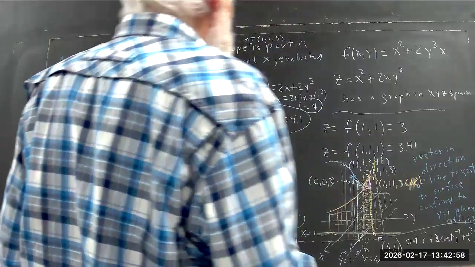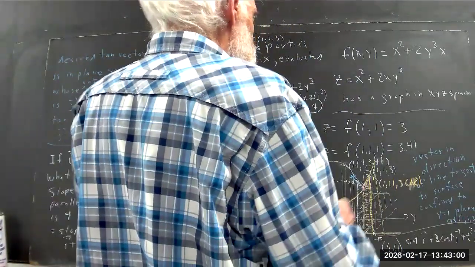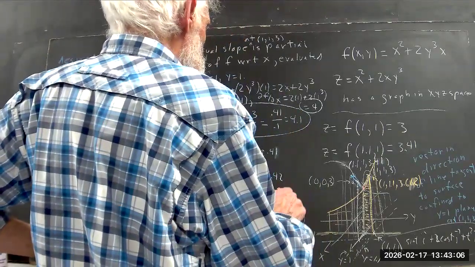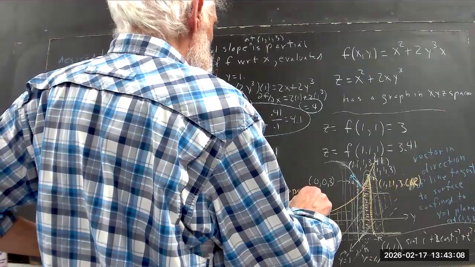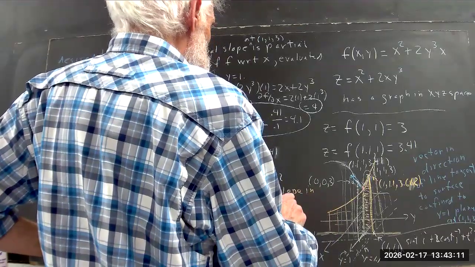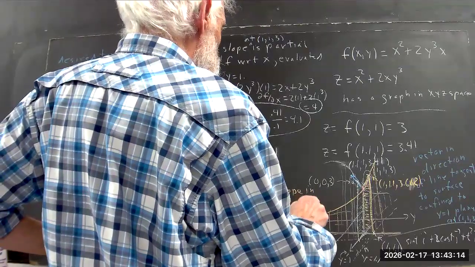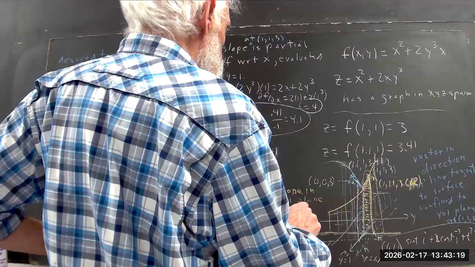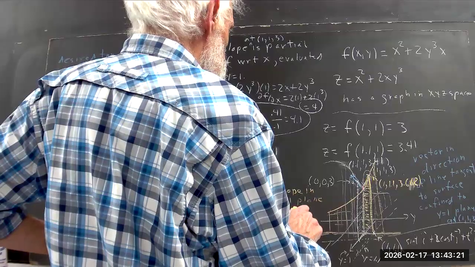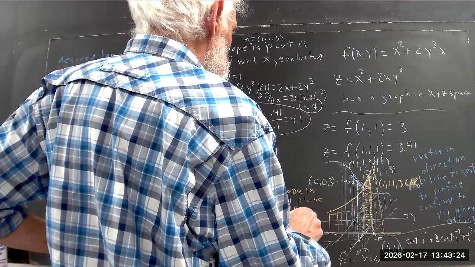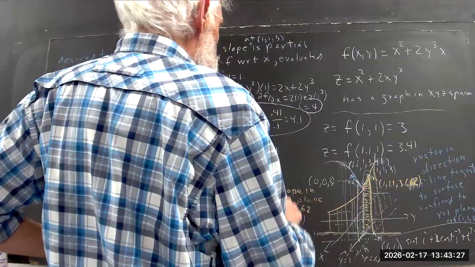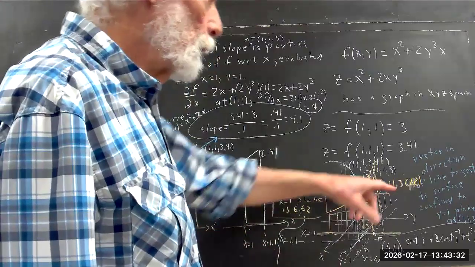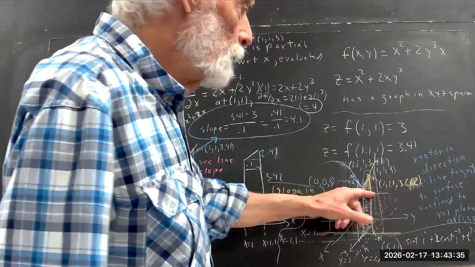So the slope, I'll just say the slope in the x equals 1 plane is 6.62, rise 0.662, run 0.1.